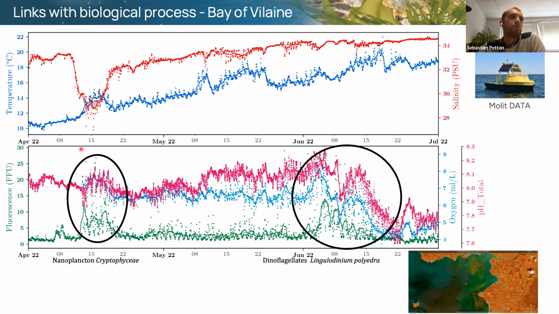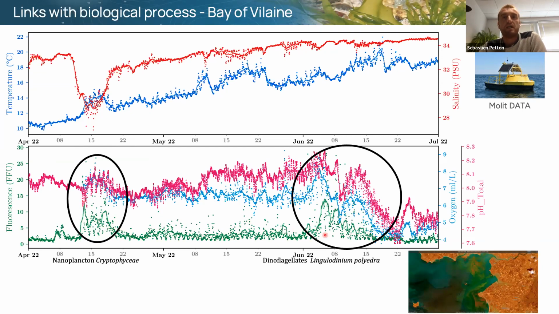If we look at the first event in April 2022, we got a sudden drop of salinity, and this drop of salinity put much more freshwater input, and there was a bloom of nanoplankton, which can be seen on the fluorescence data. And these data are quite correlated with the pH and the oxygen as well.